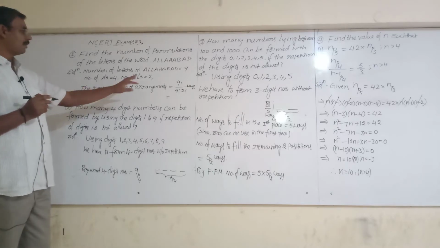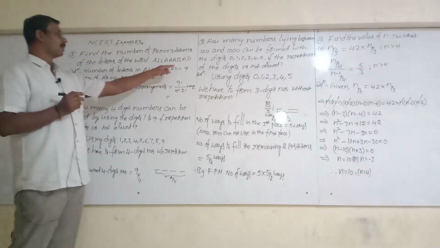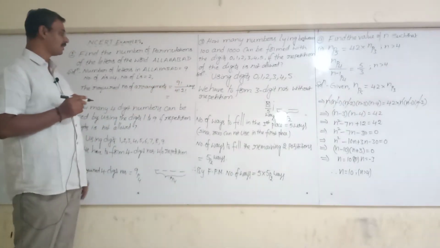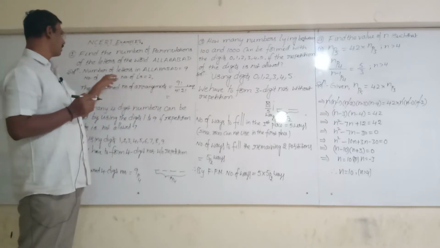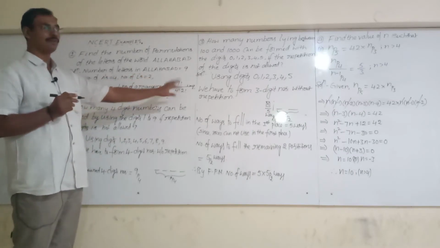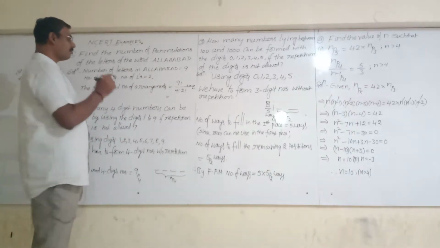The required number of arrangements is 9 factorial, and we need to make some adjustments. Adjustment meaning, further divide by 4 factorial and by 2 factorial. So this is the right answer.